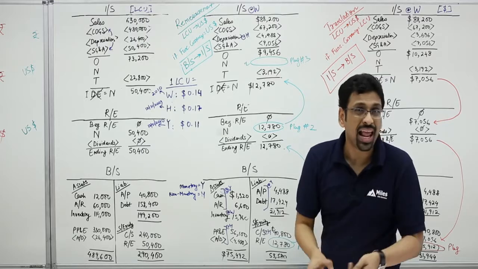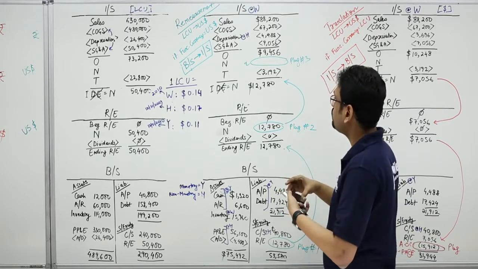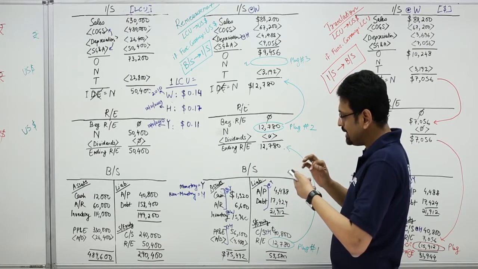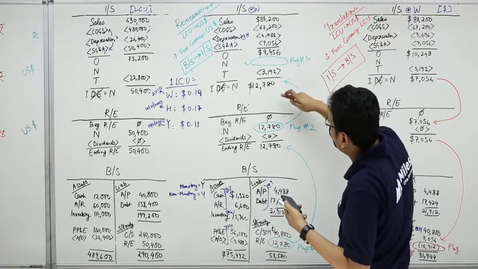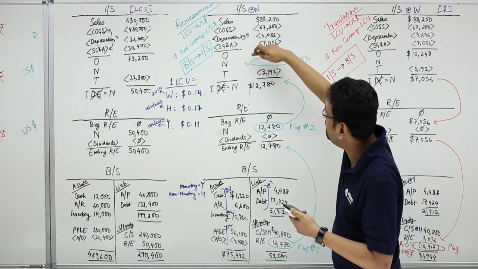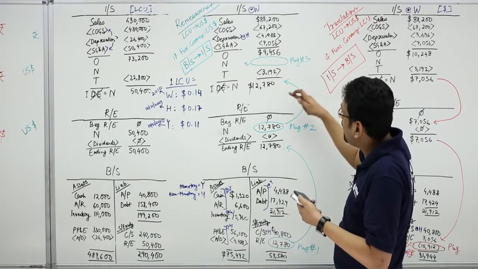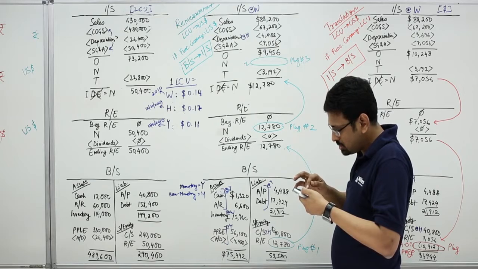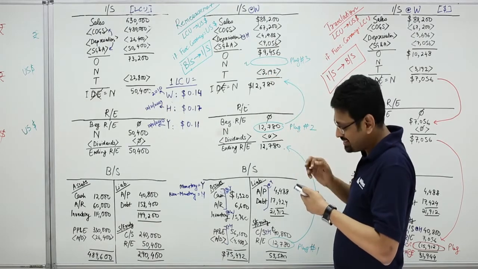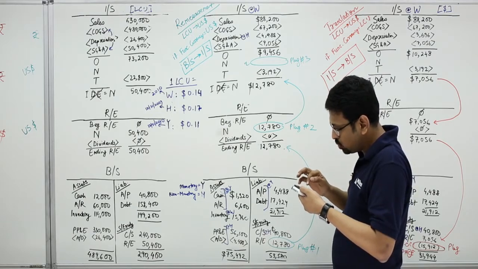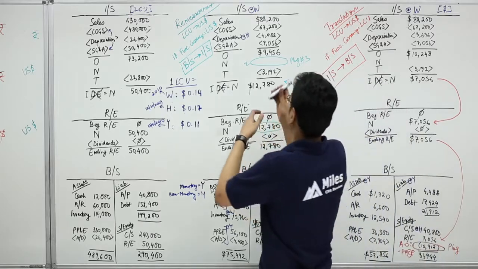Now guys, simple algebra here. We'll start with 12,780. We'll subtract 9,456. Remember the math: this plus X minus this equals this. So this goes on the other side, minus 9,456, and we're going to do plus 3,192. And that gives us $6,516 here.